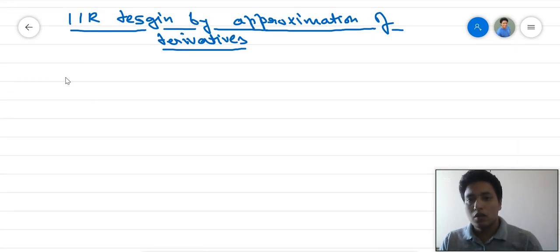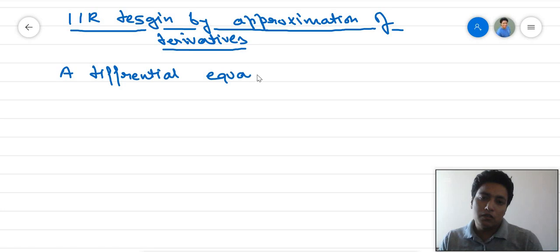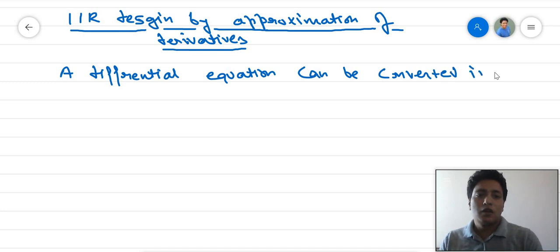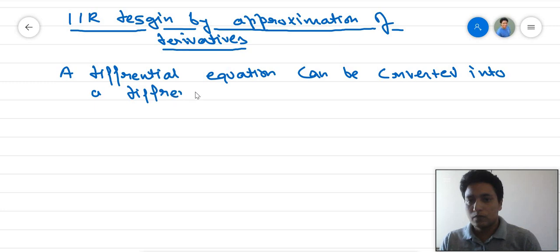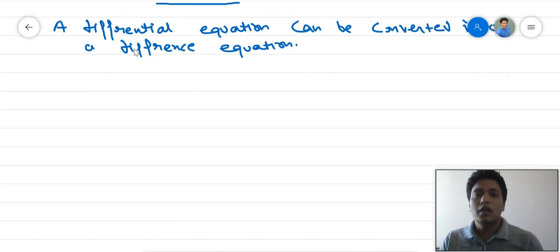So a differential equation can be converted into a difference equation. Our target is that we have a differential equation and we have to represent that differential equation as a difference equation.